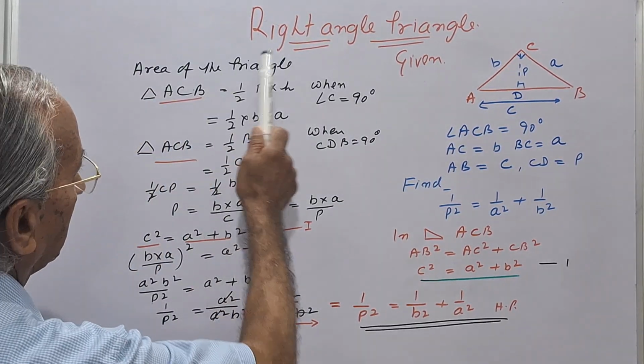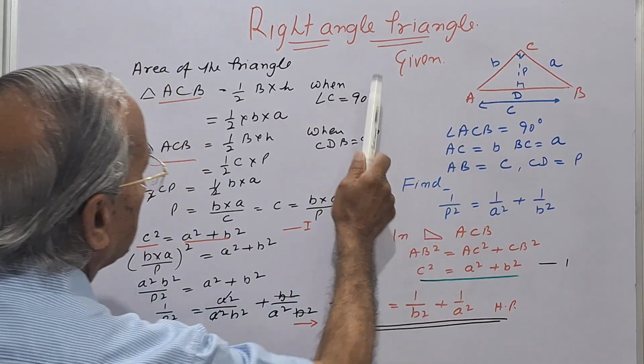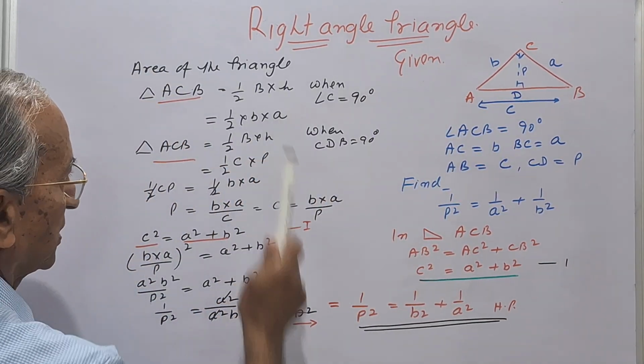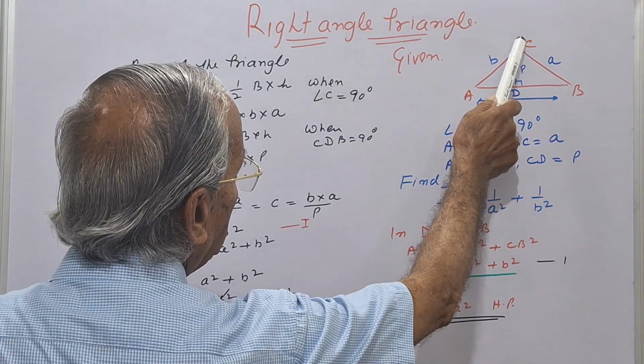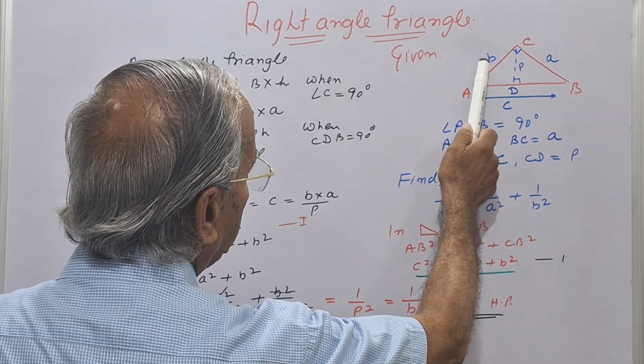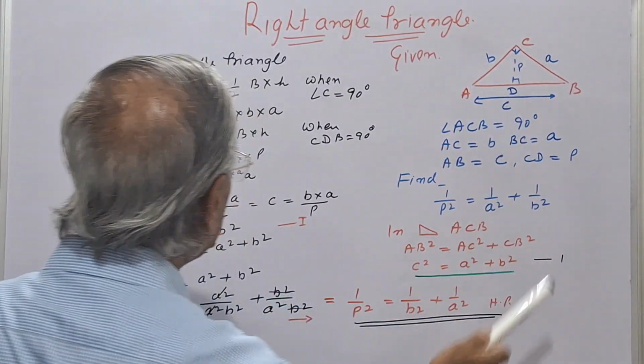So area of the triangle when C is 90 degrees is equal to 1 upon 2 base into height. Here B and A are the two sides, that is, perpendicular and base.